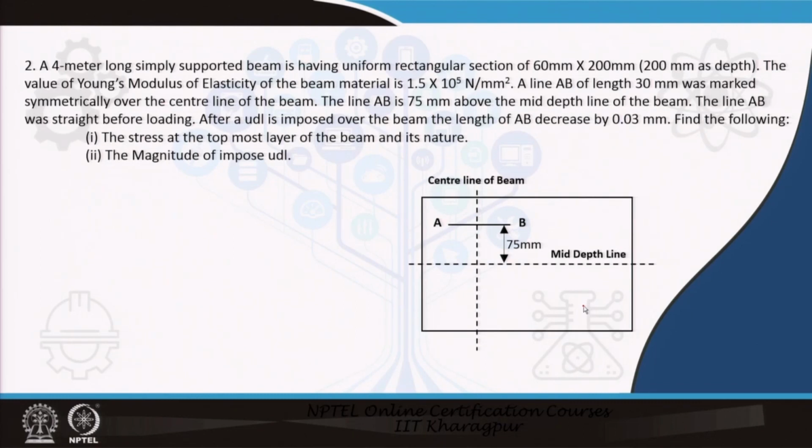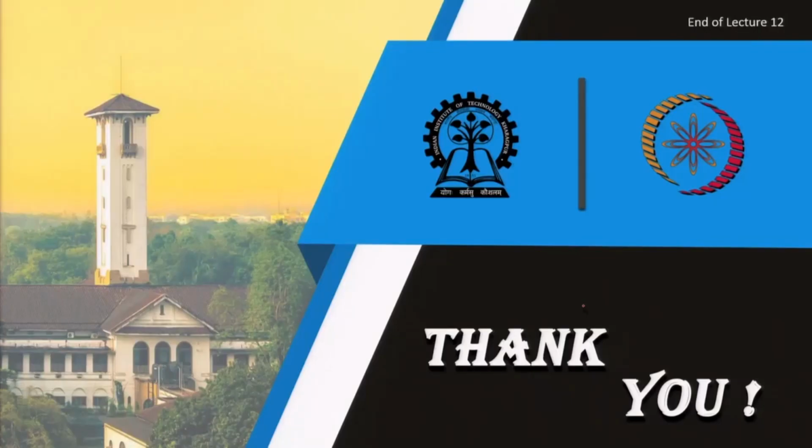This is the mid depth, about 75 mm above and below this line AB, and this is a rectangular cross section of 60 mm width by 200 mm depth. So, you have to find out the stress at the topmost layer of the beam and the magnitude of the imposed UDL, how much UDL it can take. So, thank you. This is the end of lecture number 12.